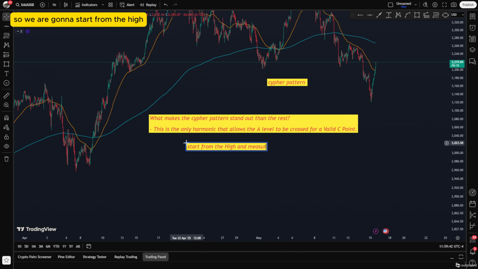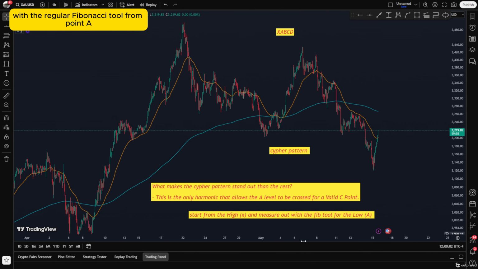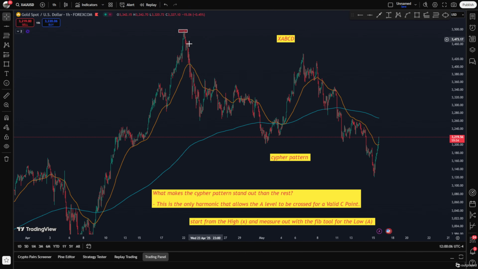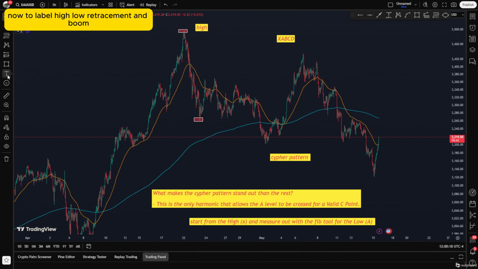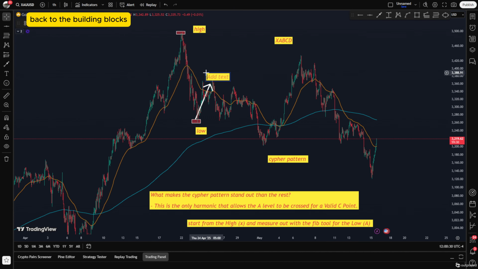So we are going to start from the high and measure the retracement with the regular Fibonacci tool from point A. Now to label high, low, retracement, and boom, back to the building blocks.